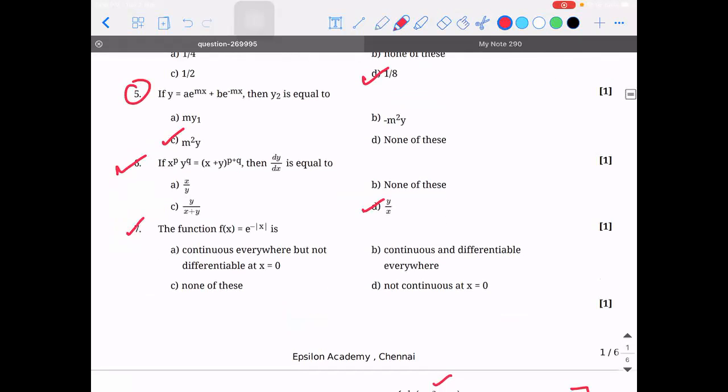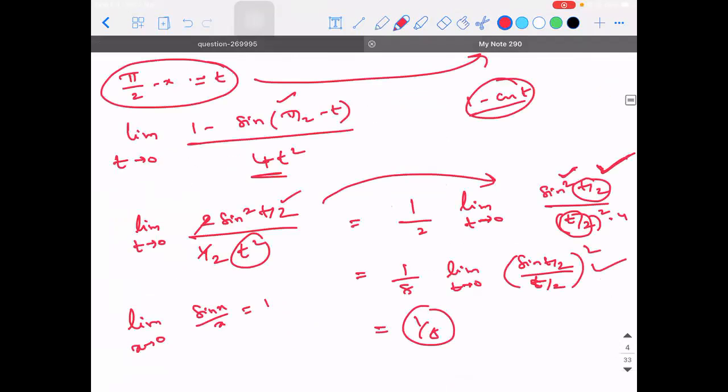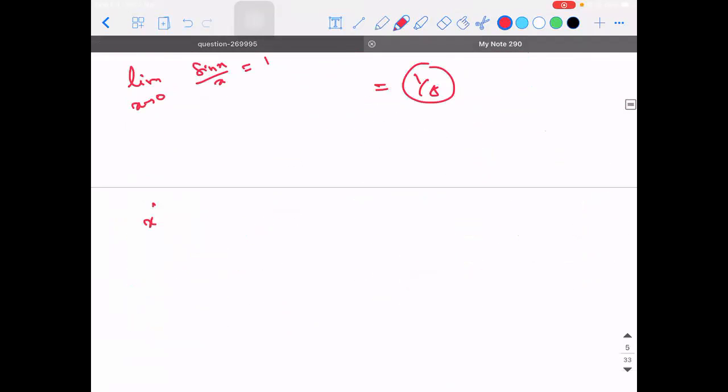Seventh one. Is there anyone having a problem for the sixth one? What is the question? x power p into y power q is equal to (x plus y) power p plus q.